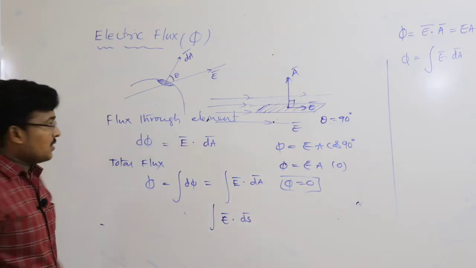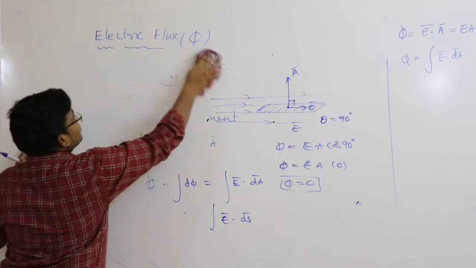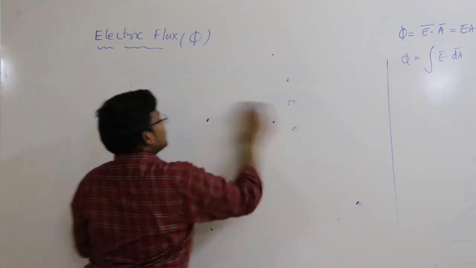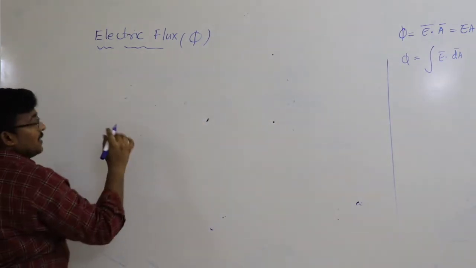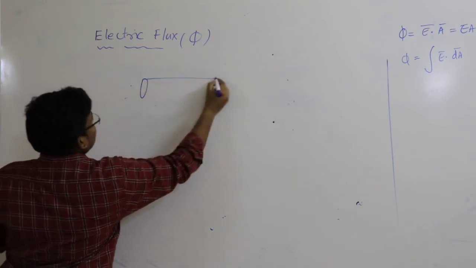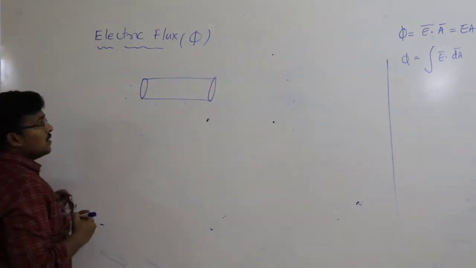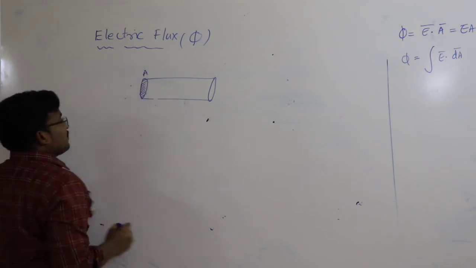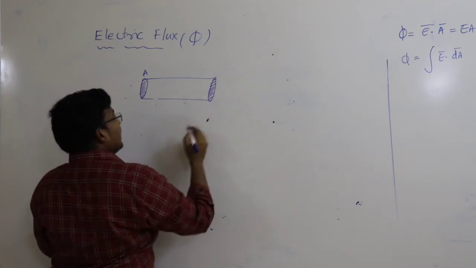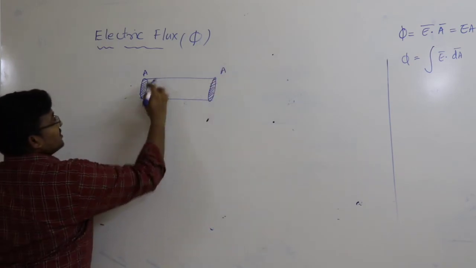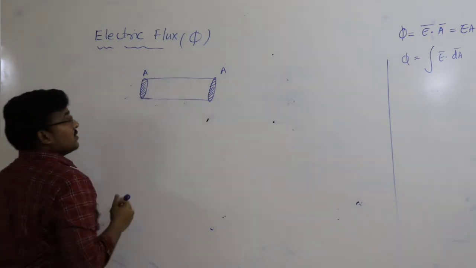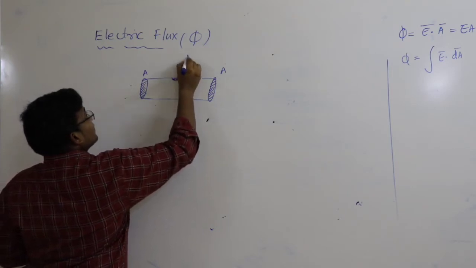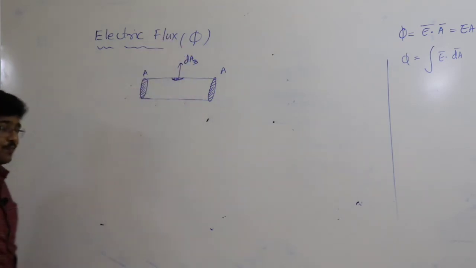Now let me give you a small example of how to find the flux. I have taken a cylinder like this. So this cylinder has this area A and this also A, and this is a curved surface where you can take a small area like this. This is dA3, no problem.